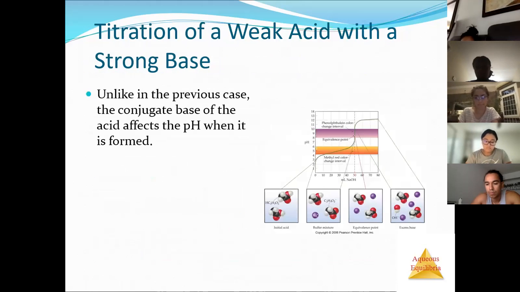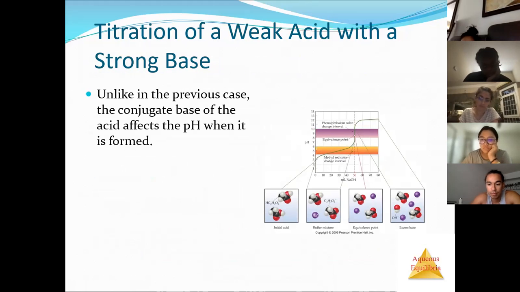Did you see the slope of the strong acid isn't as steep as this is? The strong acid was kind of almost flat. This one is going up at a higher rate. That's because we're adding base in. We're adding the conjugate base in there.